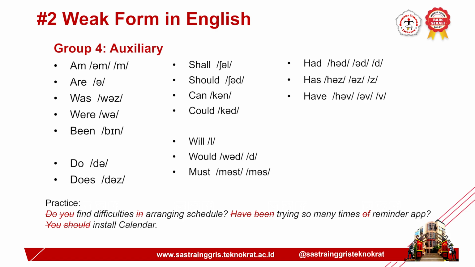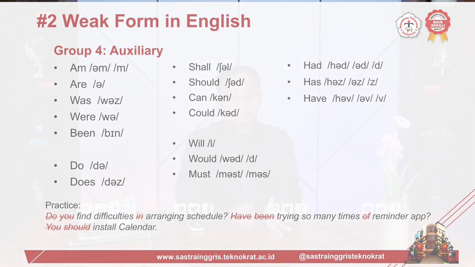Then we also have "do" pronounced "d," and "does" pronounced "dz." "Will" is pronounced "l," "would" is pronounced "wud" or "d" only, "must" is pronounced "mus," "had" is pronounced "hud" or "d," "has" is pronounced "hz" or "s," and "have" is pronounced "hv" or "uv." Now, how to use this in a sentence?